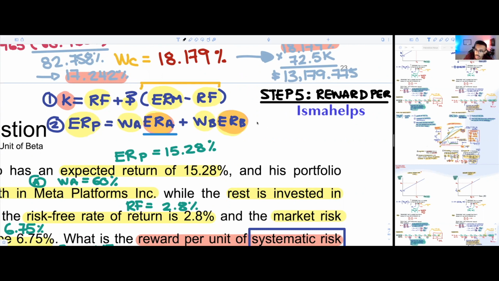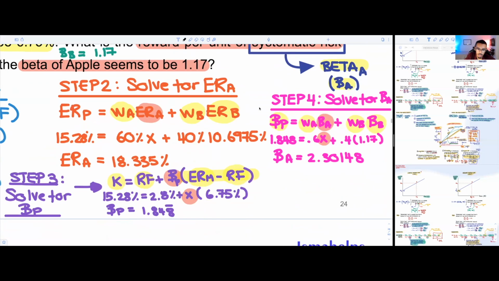We're going to call it R, the reward. It's going to be equal to the expected return of A minus the risk-free rate over the beta of A, such that the reward can be written as, now what is the return on A again?